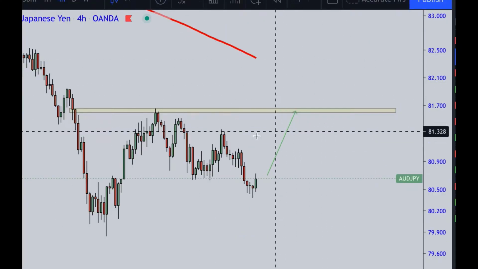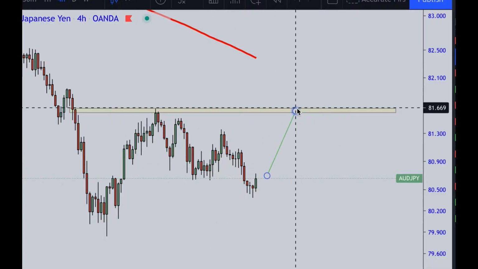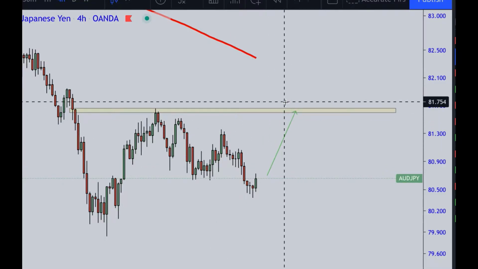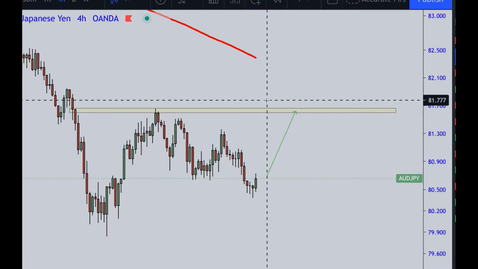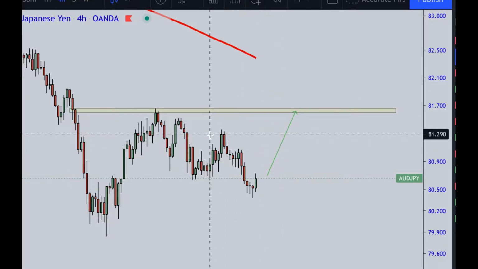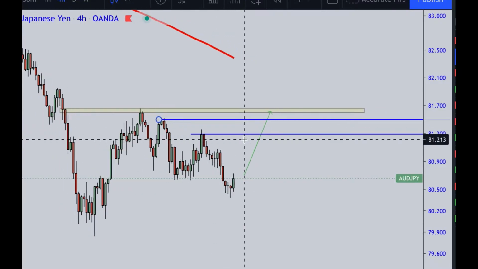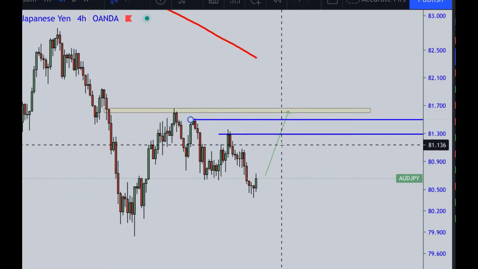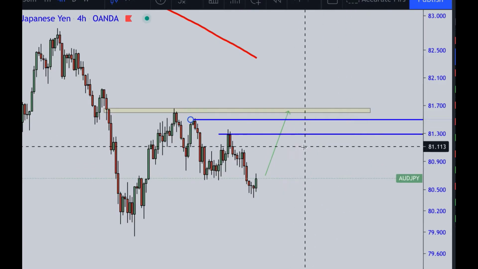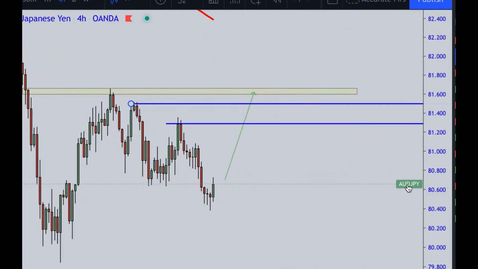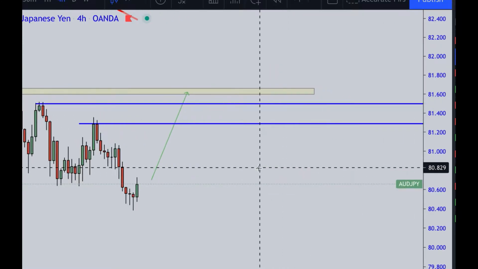So once price pulls back to this level, I'll be looking to take some short trades, but also look out for these two price levels right here. Also keep your eye on those two price levels right there as well. We can get the market reacting around those two price levels as well.